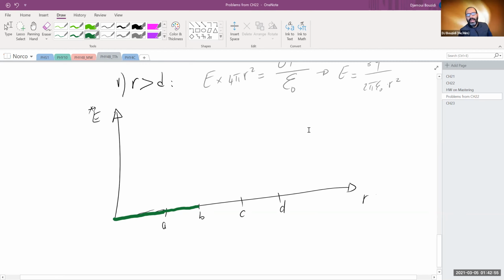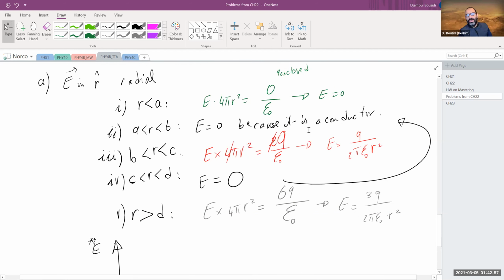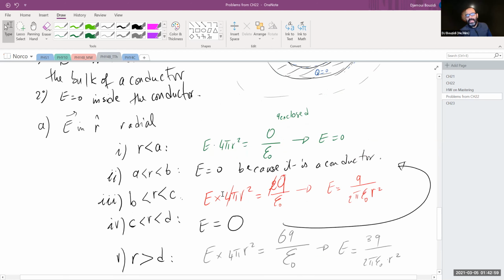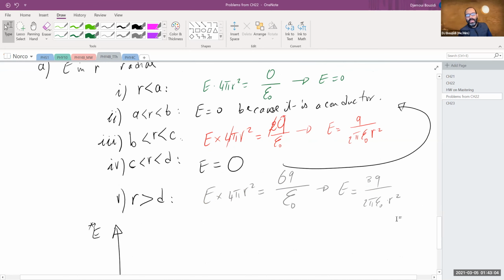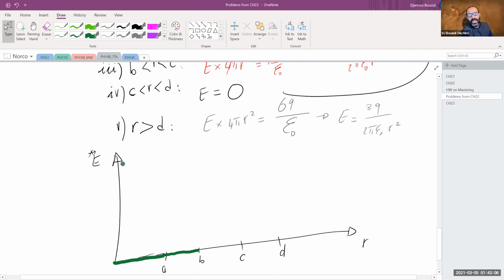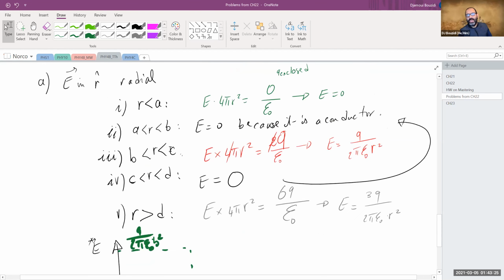Then between B and C, it's this number. So initially I plug in R equals B. So its value initially is Q over 2 pi epsilon naught times 1 over B squared. And then it drops in this entire region like 1 over the distance squared.